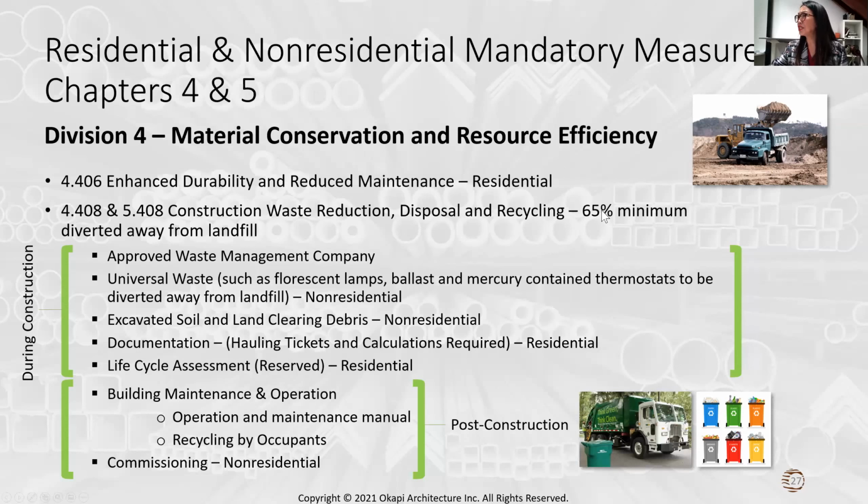That's the most important number you need to remember. Luckily, most cities with those requirements can easily meet them. What that means is 65% of the waste from the construction needs to stay away from the landfill.